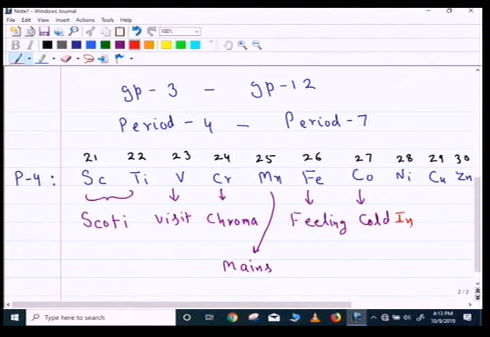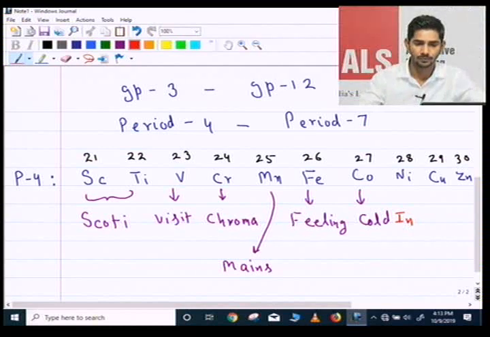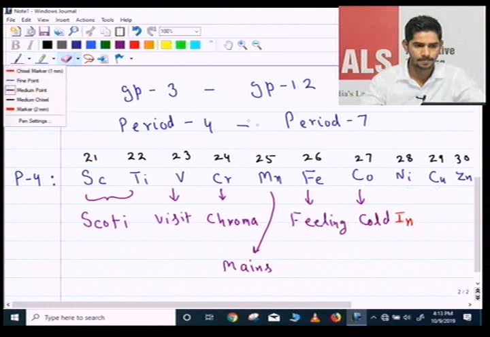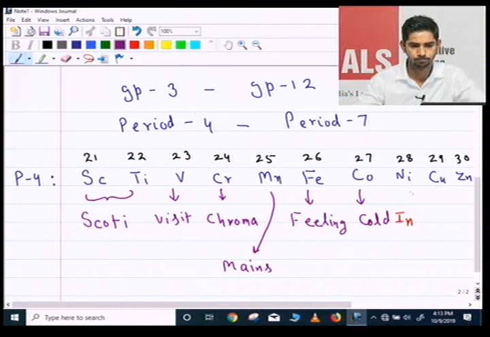Guys, this "in" is just addition to it. Okay, this is not name of any element. You have to remember this name, Niku.